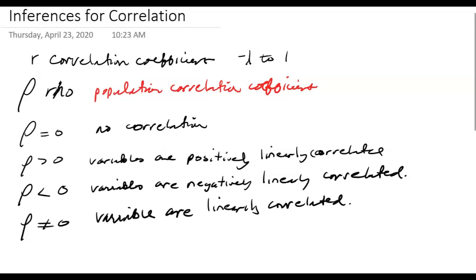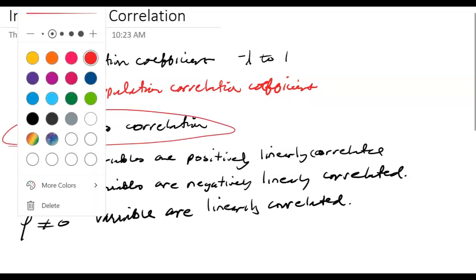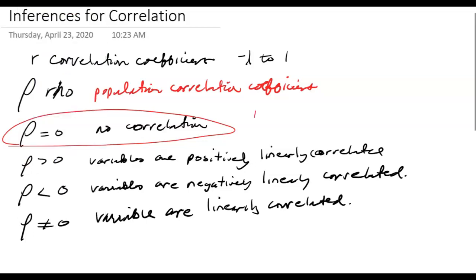So basically, when you are determining your alternative and your null hypothesis, this here is always going to be your H sub 0.